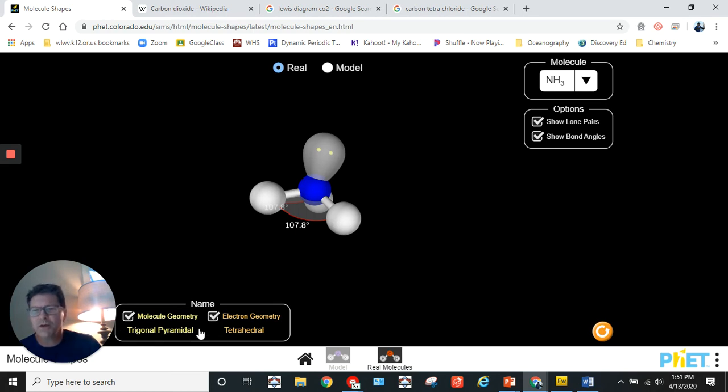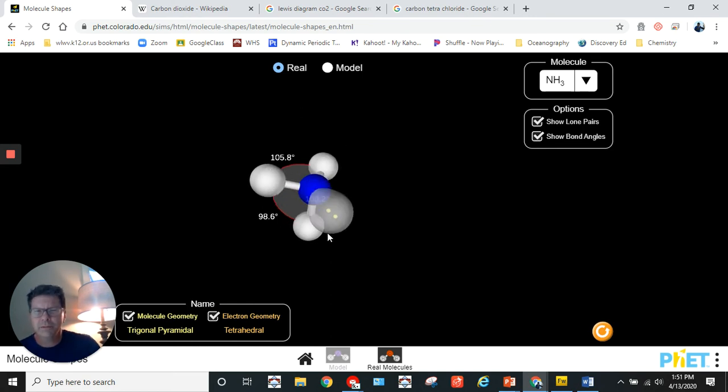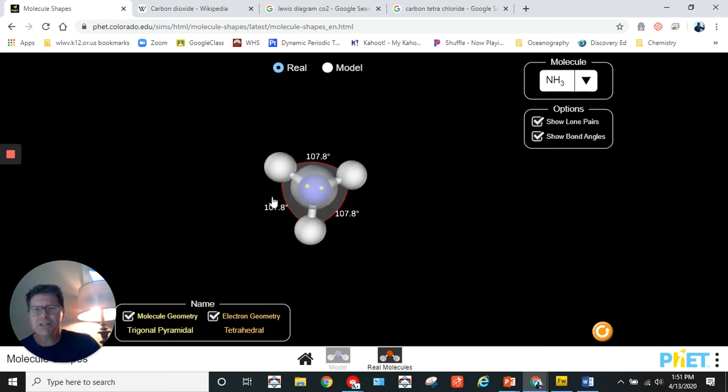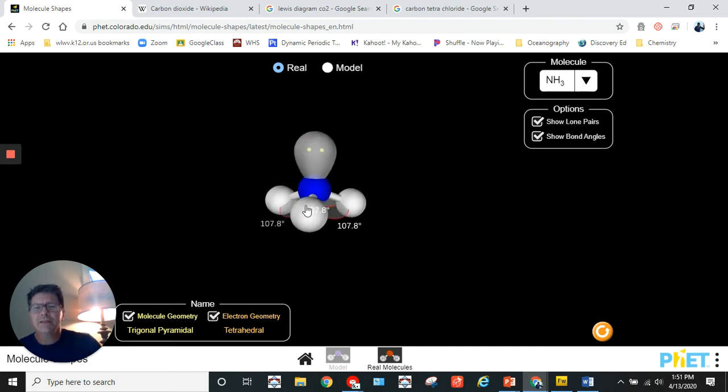This one's called trigonal pyramidal, depending upon who you want to talk to. You can see this triangle in the back, but you'll notice that these 3 hydrogens are bent downwards slightly, giving that central nitrogen a bit of a point to it, and that's where the pyramidal part comes from.